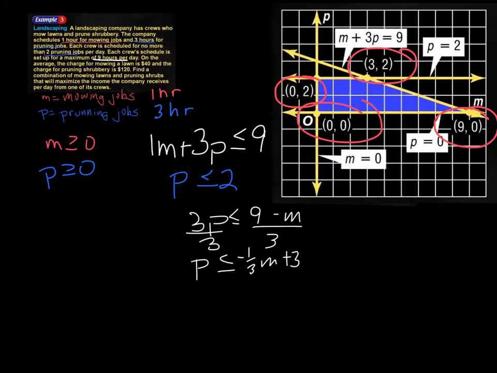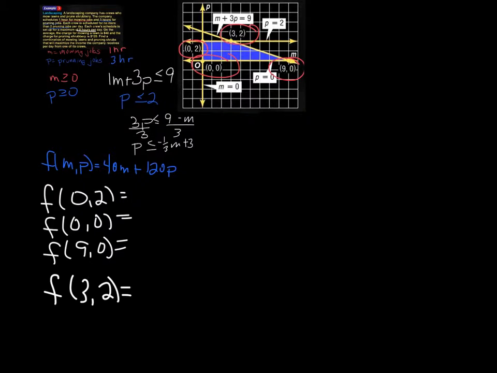The word problem describes the function as, I'm going to write f of M, P equals, they're going to get $40 for mowing plus $120 for pruning. If we evaluate the function for our 4 vertices, we can find our maximum and minimum. I guess we really don't care about minimizing. We'd like to maximize this time.